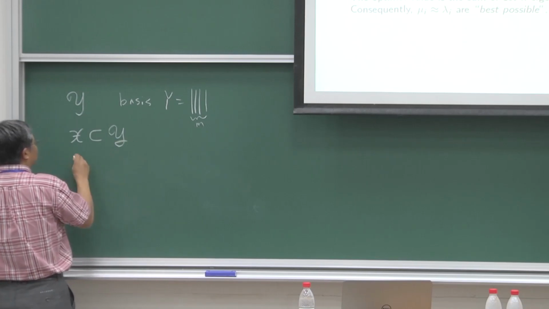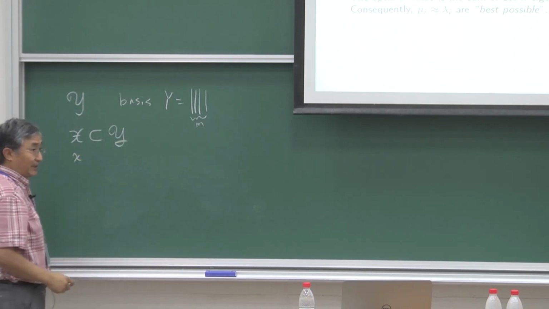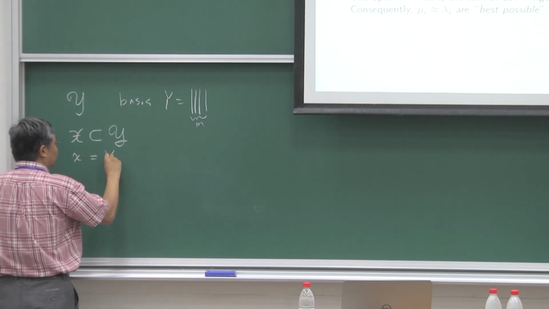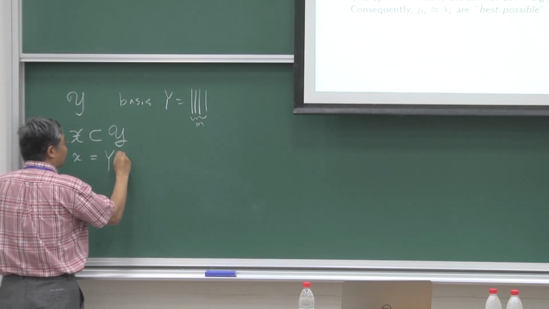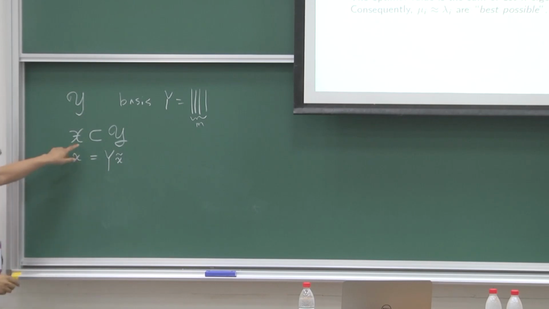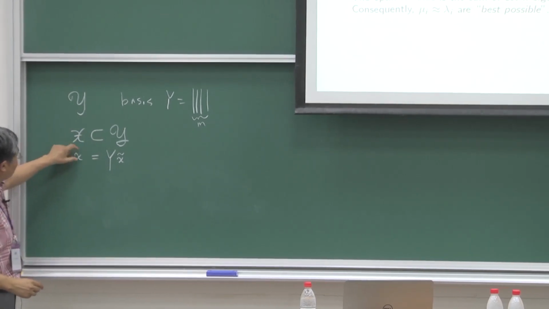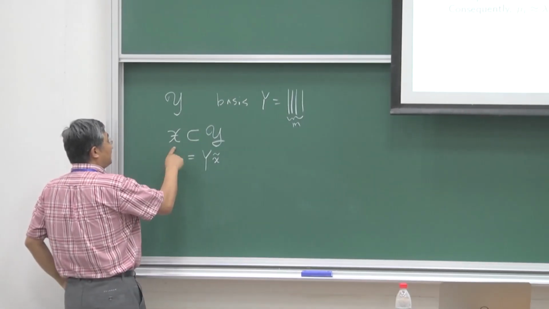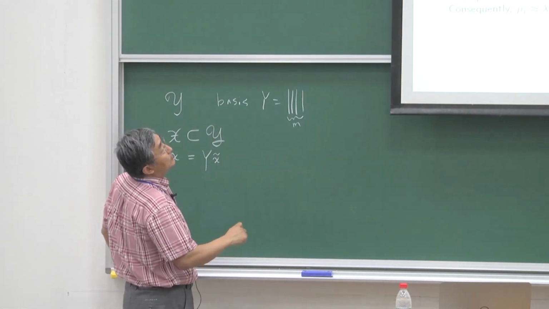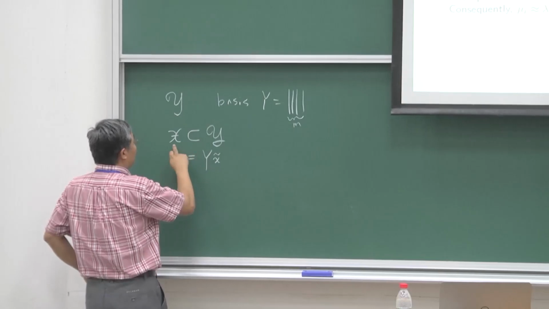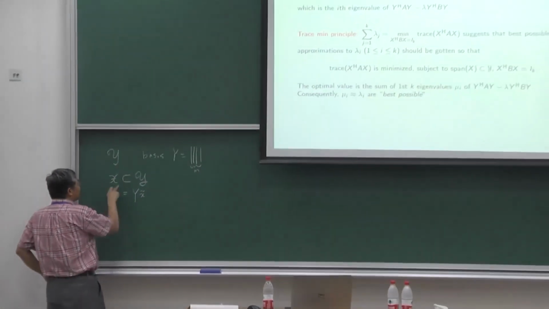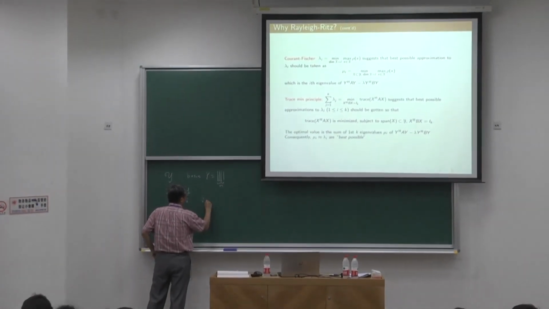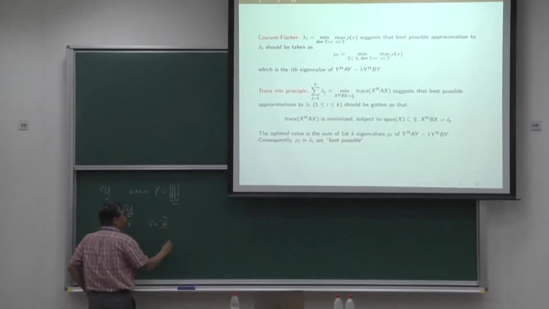What does that mean? That means each vector, little x, in the subspace X can be written as Y times, let me call it x tilde, because this little x is in the subspace Y. Then for all x in this subspace X, this x tilde runs through a subspace X tilde.